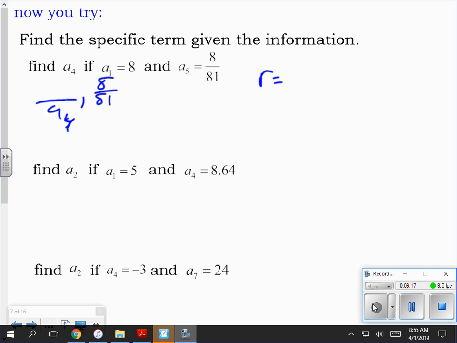R is the same way. R equals, to go from 1 to 5, that's the fourth root. 5 minus 1 is 4. Fourth root of 8/81 over 8. R gives you 1/3. So to move backwards, I divide by 1/3 or multiply by 3, and you get 8/27. Okay.